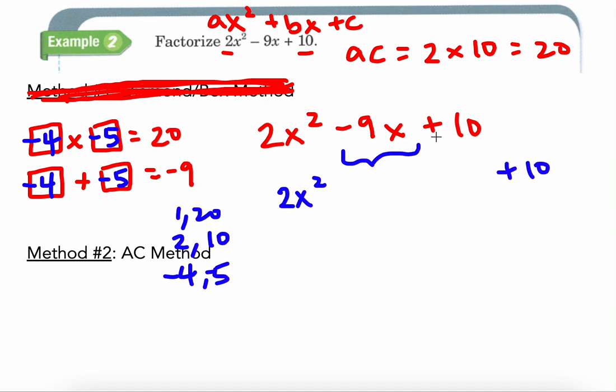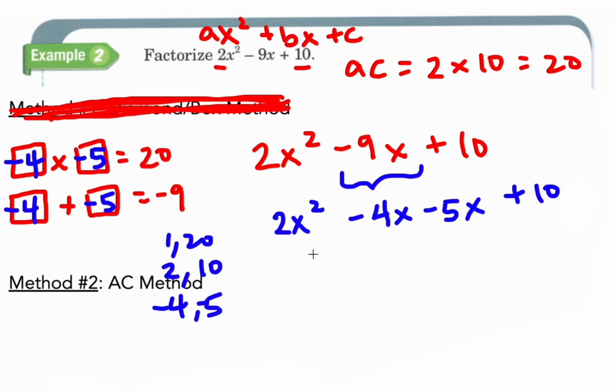But now instead of the minus 9x, I'm going to replace it with minus 4x minus 5x. Okay, so just like before, we are going to find the GCFs, but we're not going to put it into a Punnett square. We're just going to keep it like this. So this is where the AC method differs from the diamond box method.